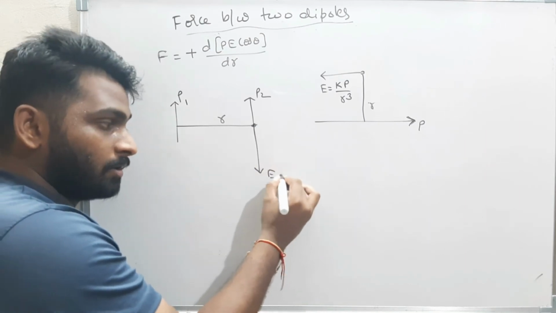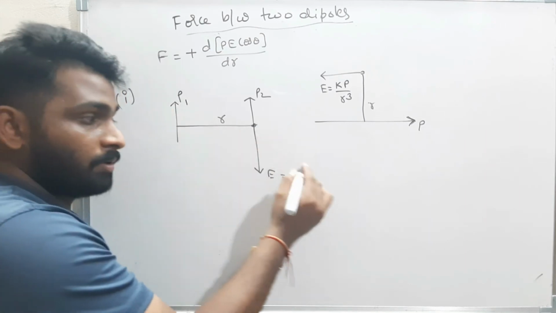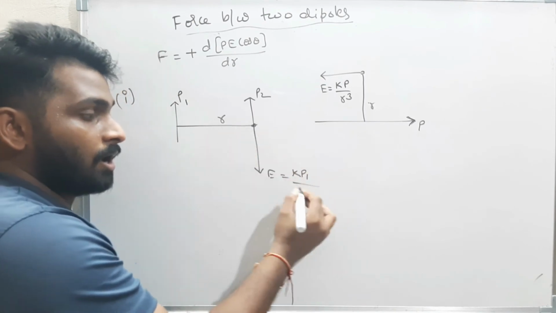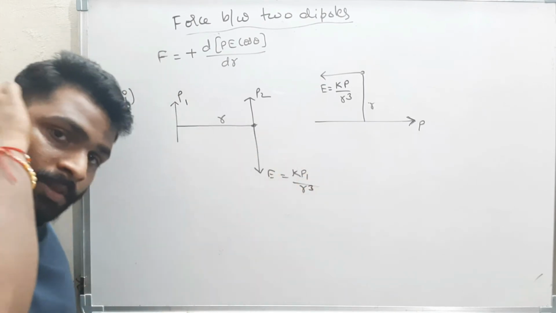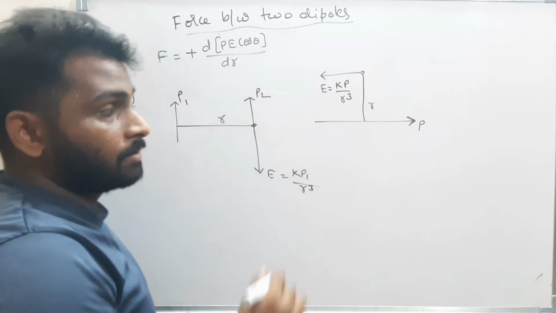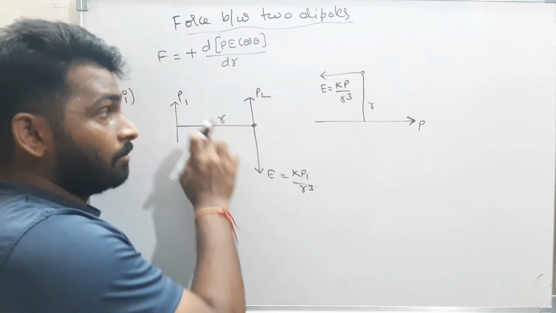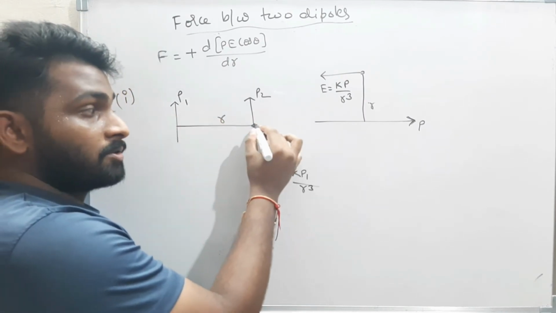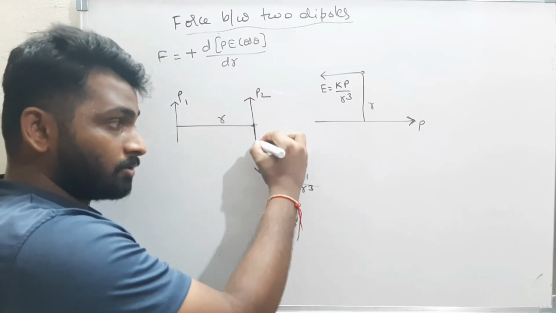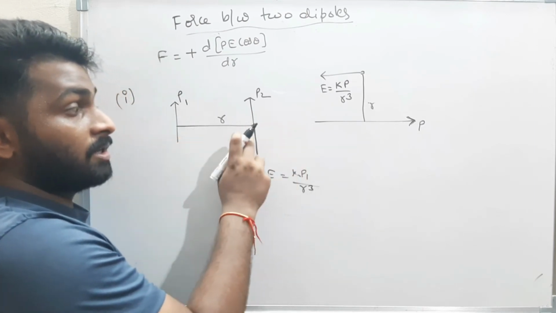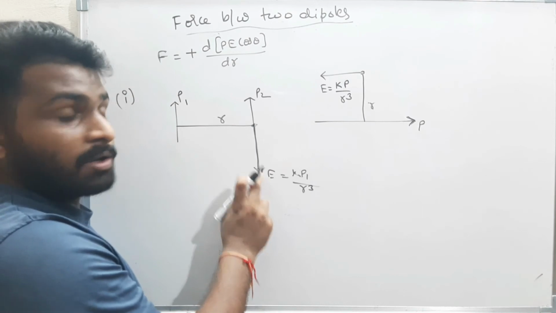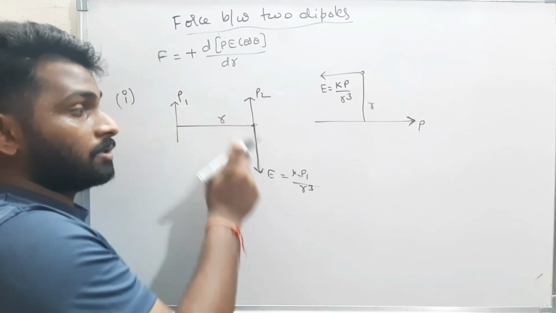Therefore, what is the electric field? That is k, the dipole moment P1, over r cube. Well and good. Now observe carefully. I think this is clear. Because of this P1, at this point the electric field direction is downwards, because this is an equatorial point. Therefore, the electric field direction and the dipole moment direction are opposite.